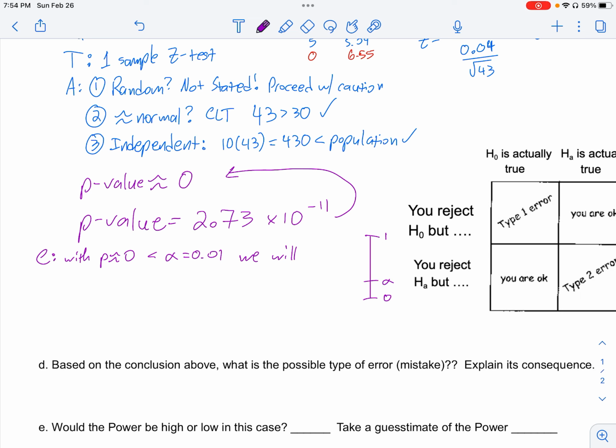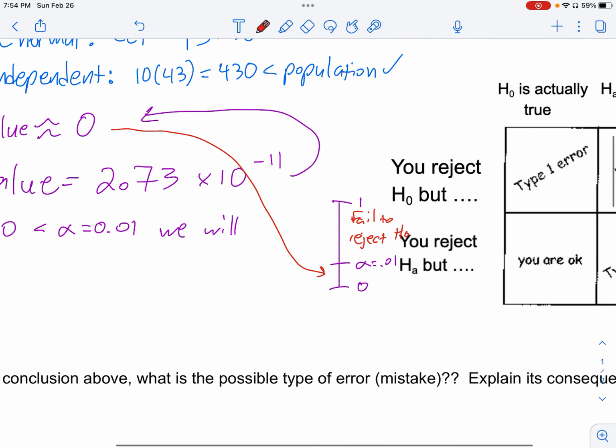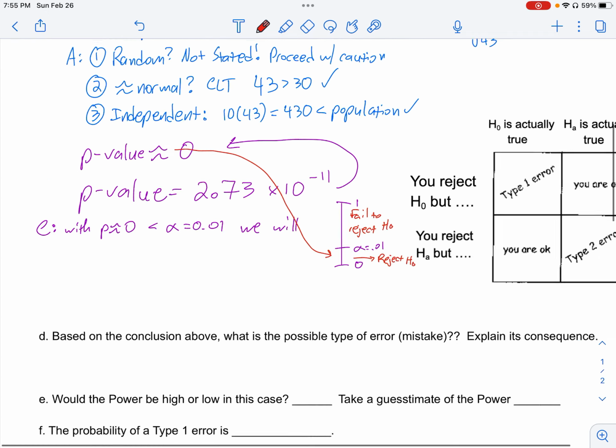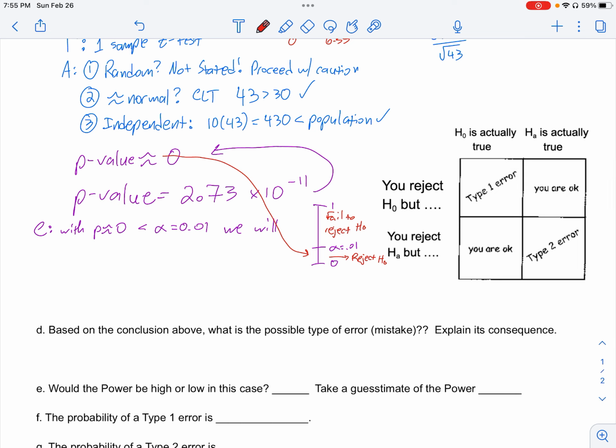Our alpha is 0.01, and so 0 comes in way underneath here. If we're up here, we fail to reject the null. And if we are down here, we reject the null hypothesis. So we are firmly underneath alpha because we pretty much got a probability of 0, a p-value of 0.